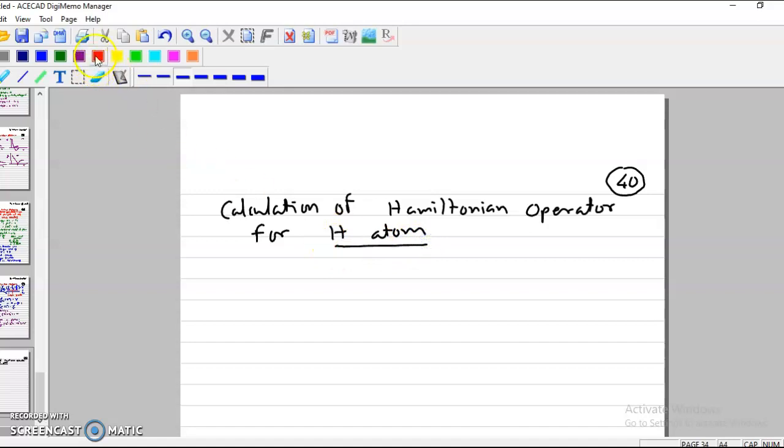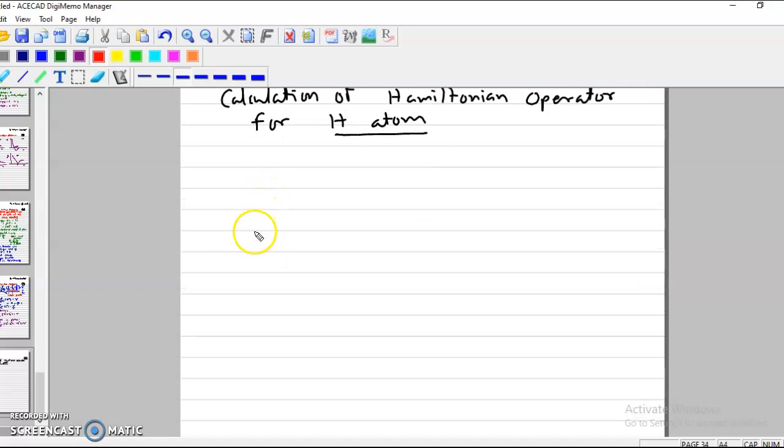Now we know what is hydrogen atom. It is the only atom having one nucleus, one proton and one electron. Okay, the distance between nucleus and electron, say r. Okay, this is the charge of nucleus, say e plus, and here the charge of electron is e minus.